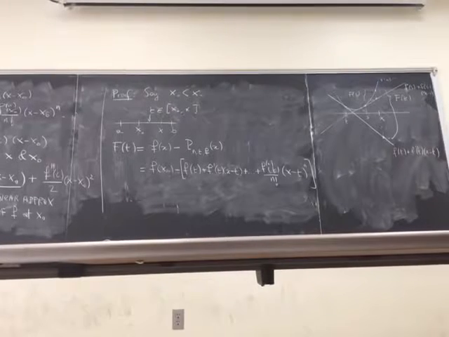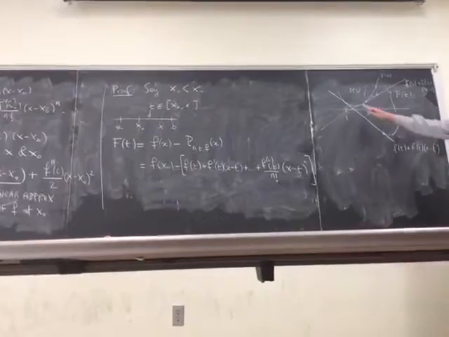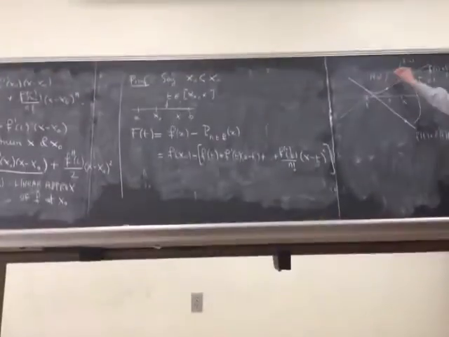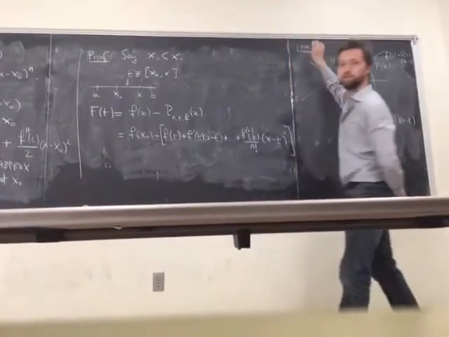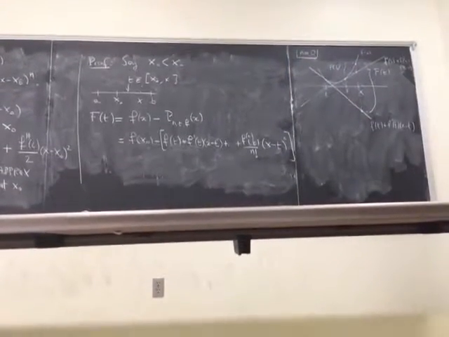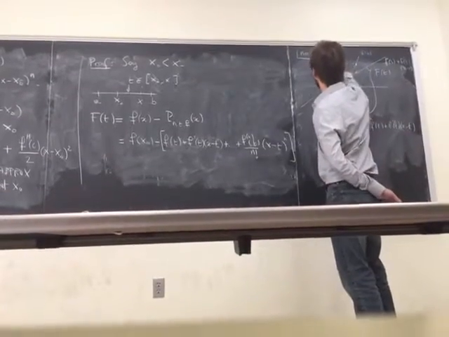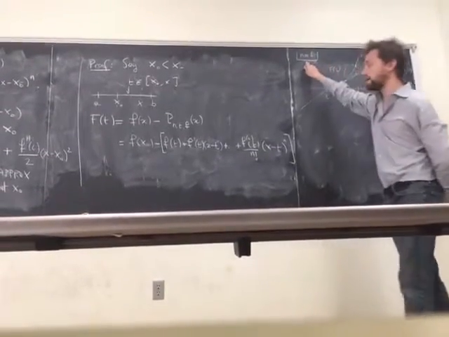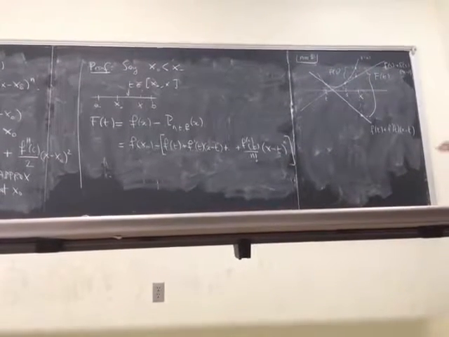So you see, this function is telling you something. My picture here is for the case n equals 1. In the case n equals 1, I am subtracting the first order Taylor polynomial, which is this guy.